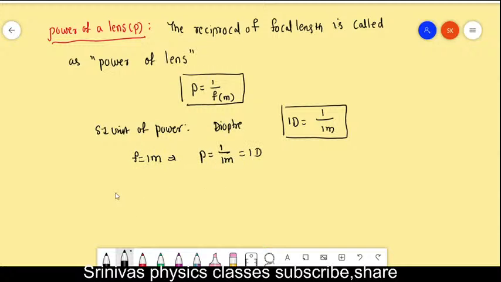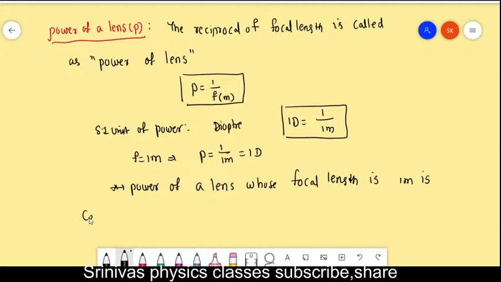That means the power of a lens whose focal length is 1 meter is called 1 diopter.